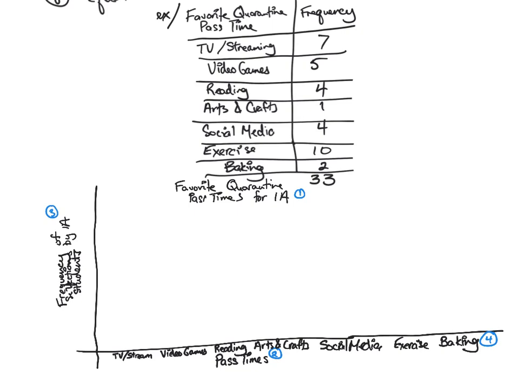Number 5, clear graduation of the vertical axis. So you always start with 0. Sometimes there'll be a break if there's information that needs a break. But for now, we're just going to start with 0. Looking at the types of numbers you have here, you'd probably want to go with a small graduation. In this case, I think I'm just going to go with 1, so I can indicate it.